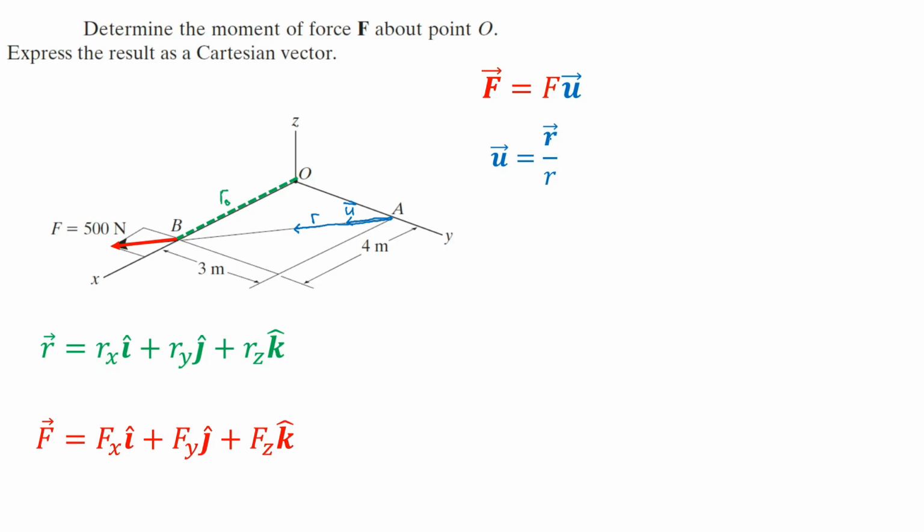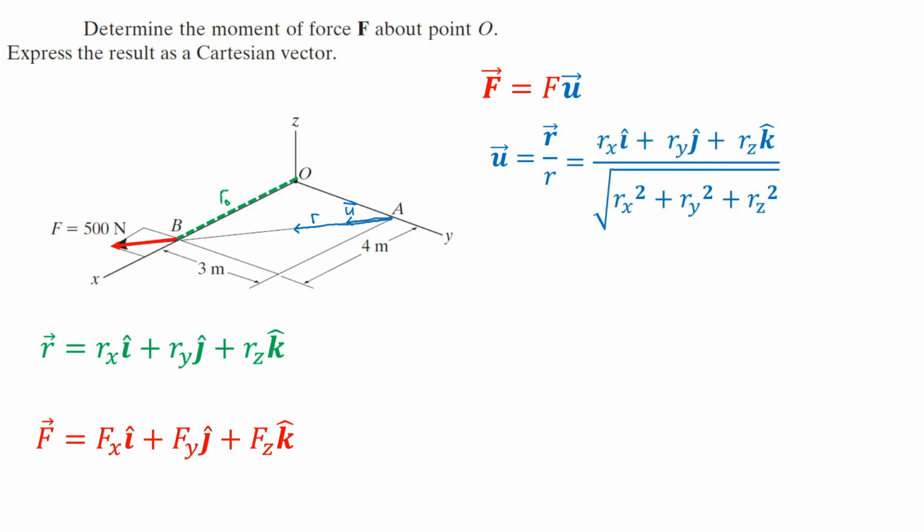The position vector is R = Rx i hat + Ry j hat + Rz k hat, and to get the magnitude, we take the square root of Rx squared plus Ry squared plus Rz squared.